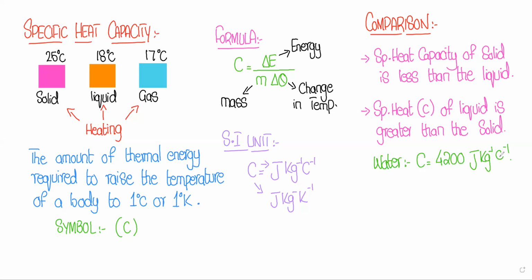So the specific heat of liquids are in thousands. And for solids, the values are around hundreds or tens, because they easily conduct heat and the temperature of the solid will increase very quickly as compared to liquid or gas, right?